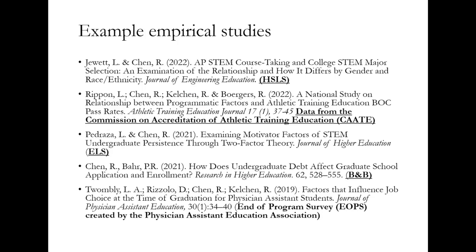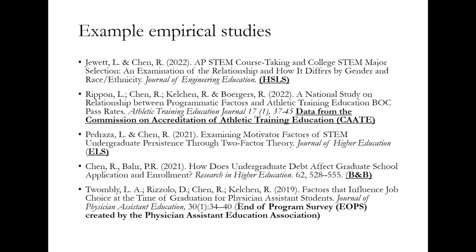Now, finally, I would like to share some example empirical studies that have used the national data sets. I only selected some of the articles recently published by my mentees or by myself and some colleagues, because I know them pretty well. If you look at the list here, there are studies that have used High School Longitudinal Study.